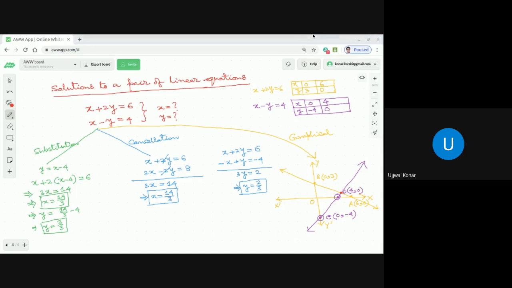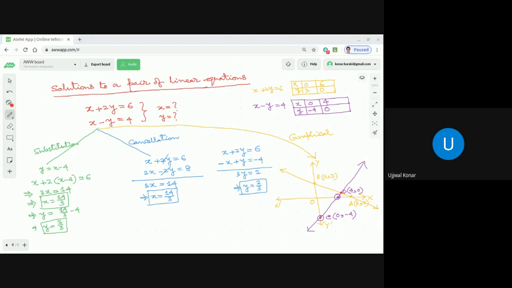Now, there are some interesting cases we are going to discuss. If I give you two linear equations, can you always guarantee that you can get a solution? Okay. The answer to this question is it may be, it may not be.